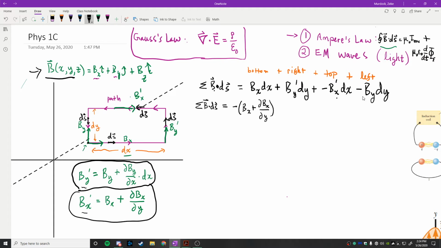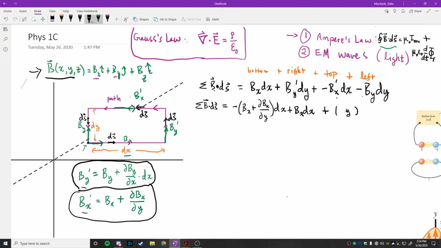But then that's multiplied by dx, right? And that's plus the first term here, bx dx. Plus stuff with y.